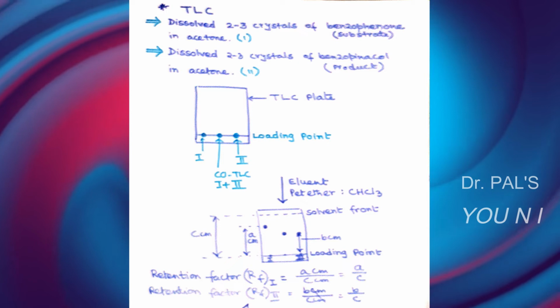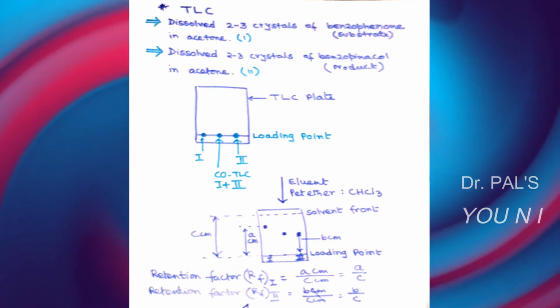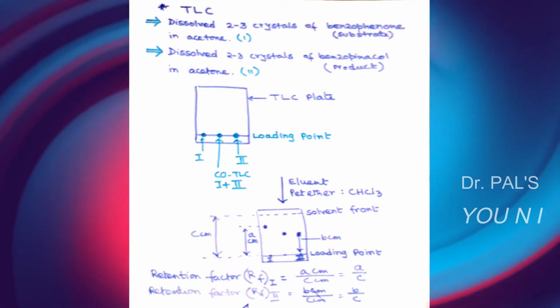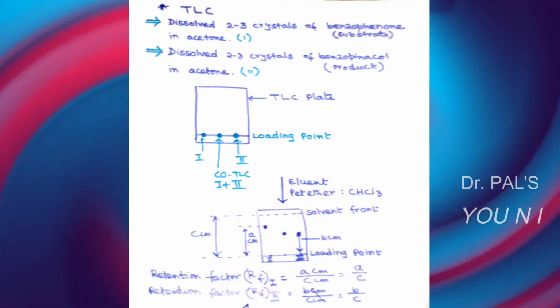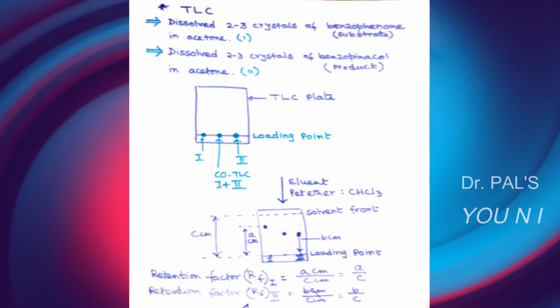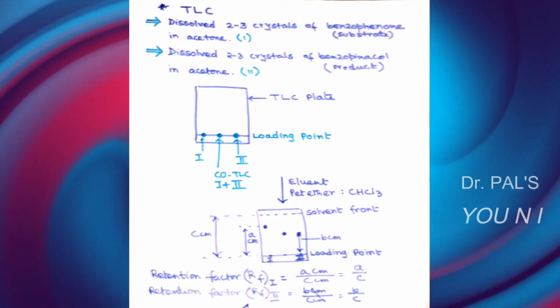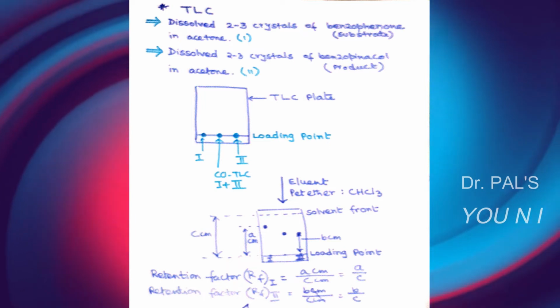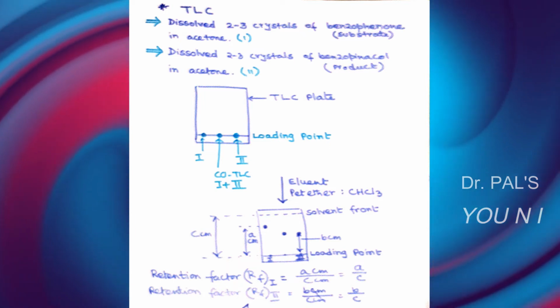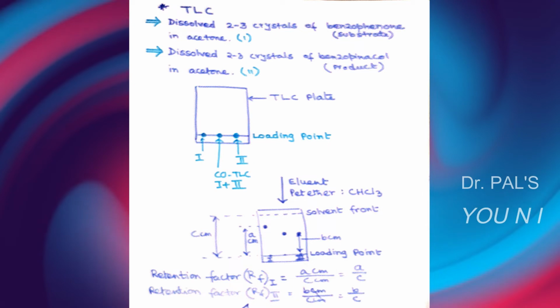So in this eluent benzophenone is less polar, it is moving faster, and our product is moving slower, meaning it is more polar than our substrate. Benzopinacol is more polar than substrate benzophenone by using this eluent, pet ether and chloroform.